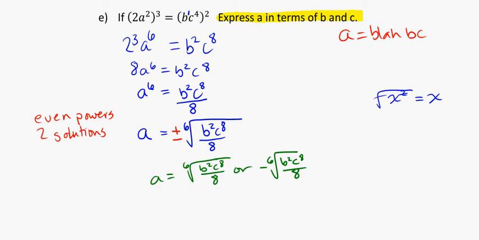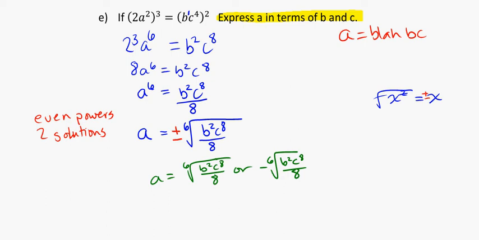And to carry that rule over, to help make sense of it, if I'm taking the square root of something, my answer would be plus or minus x, because I'm taking an even root, so 2 possible solutions for it also.